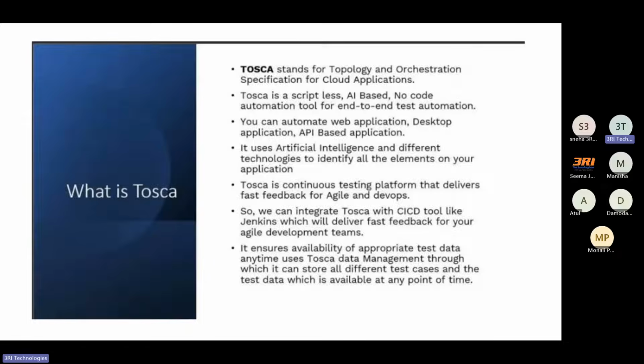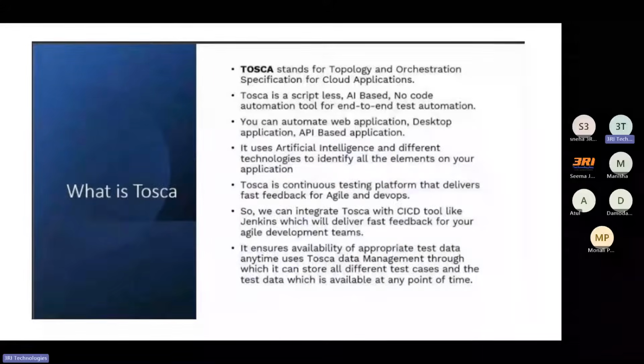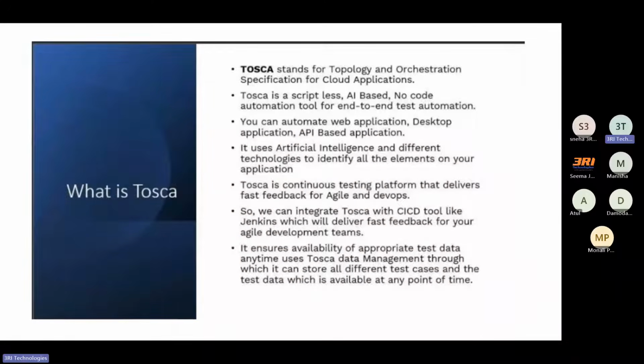We also have test data services, which has a server-based architecture. If you are executing your test cases on multiple machines and you want the data to be present globally, in that scenario we will use test data services. We will see it in detail.